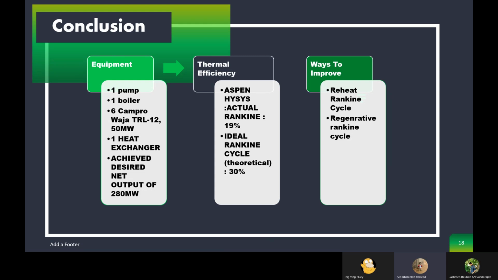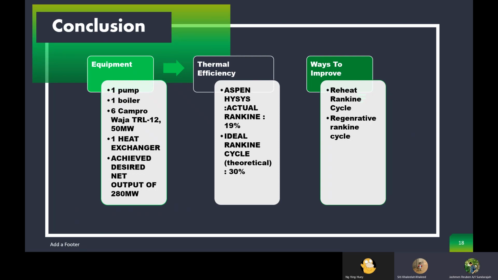Next slide. So in conclusion, for equipment in our steam power plant, we have used a total of 1 pump, 1 boiler, and a 650 megawatt high-tech steam turbine to generate electricity, and for our heat exchanger, we have used 1 air-cooled condenser in order to achieve the desired net output of 200 megawatts of electricity to power up the new Lumut naval base. A heat engine, which consists of boilers, steam turbine, condensers, and pumps, depends on the efficiency limitation imposed by the second law of thermodynamics.